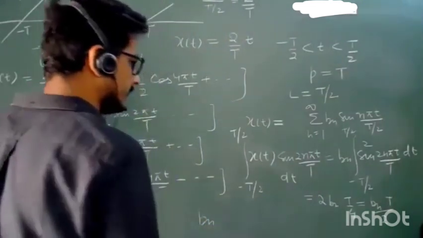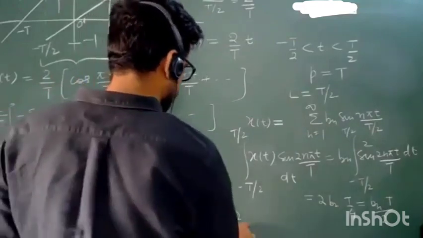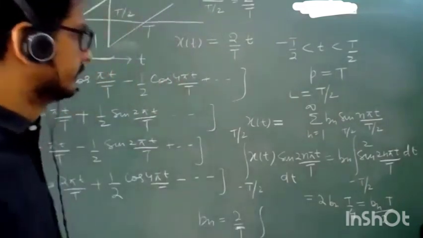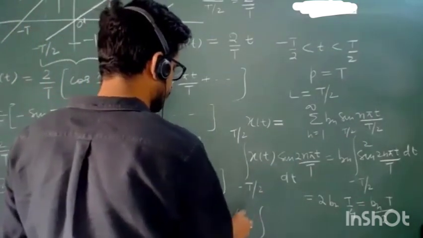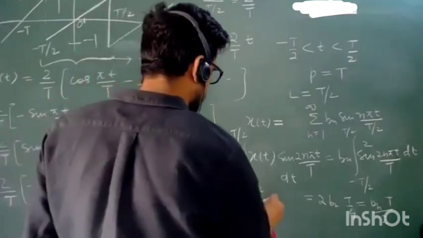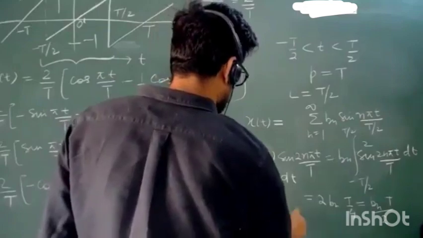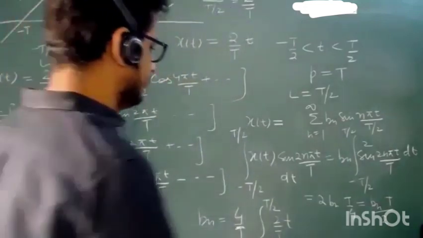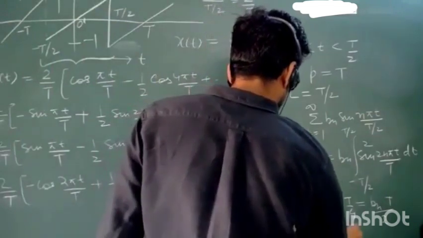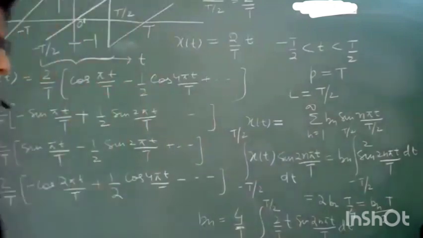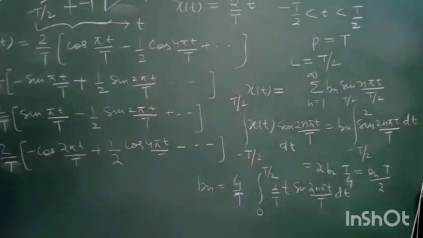Bn will be equal to 2 by t into the integral. This is also odd, so I can write 4 by t, integral from 0 to t by 2 of the function, which is 2 by t into t, and then sine of 2n pi t by t dt. So this will become the coefficient, and you can just integrate that. You know how to integrate it, okay?